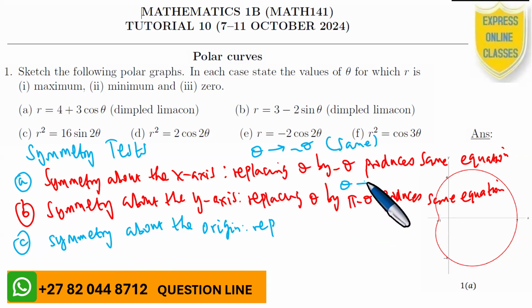Here, theta becomes pi minus theta, makes the same.